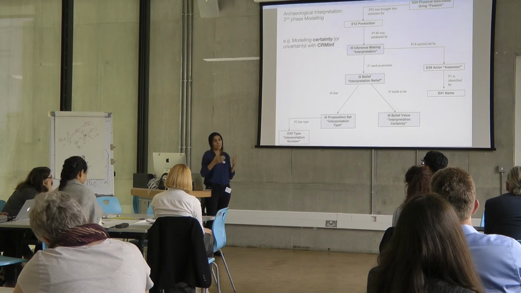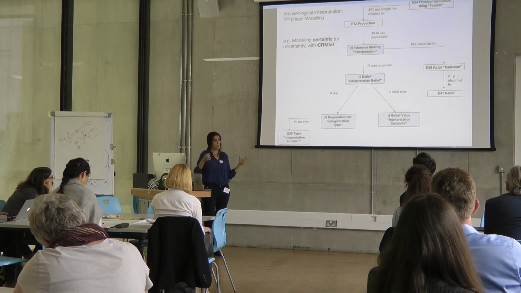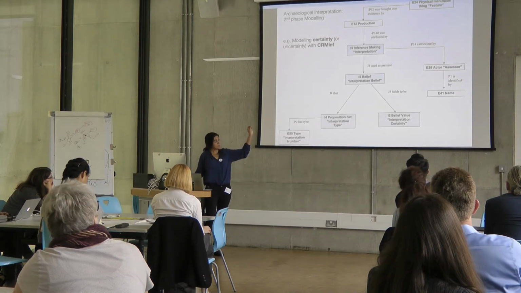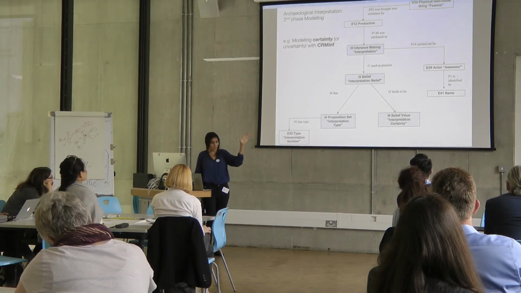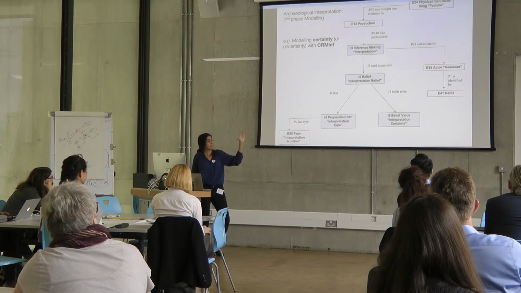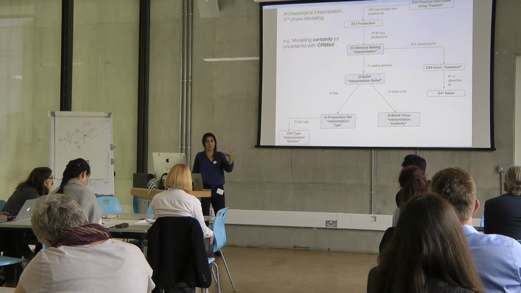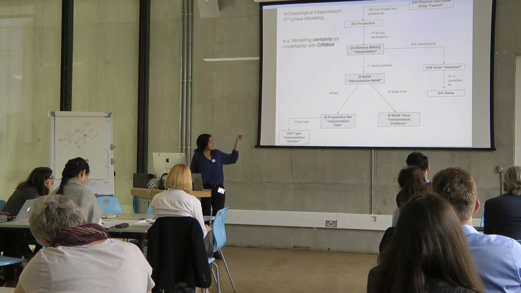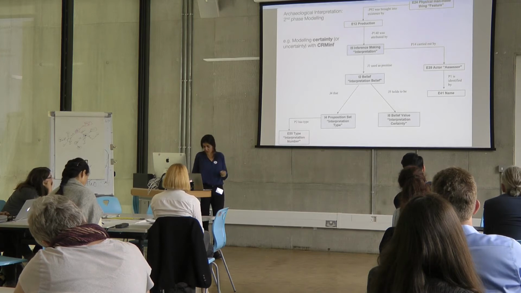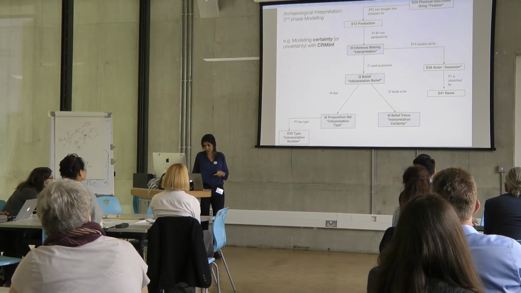But a lot of times the data comes from other people, so the user interface has a capability to add the names of the person who had the belief that this thing is archaeology, or what the form of this place is. So certainty is now modeled based on this belief system coming from the CRMinf extension in CRM.